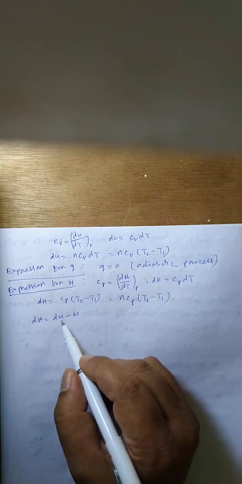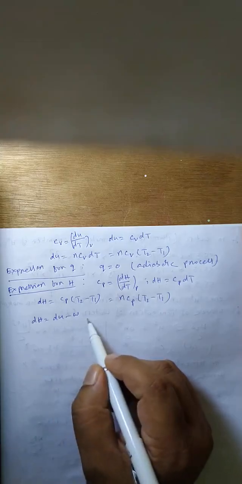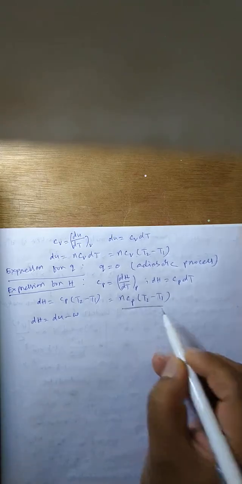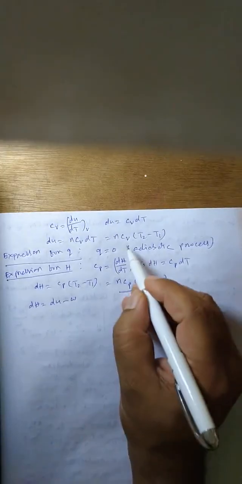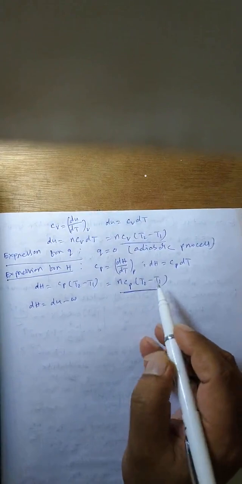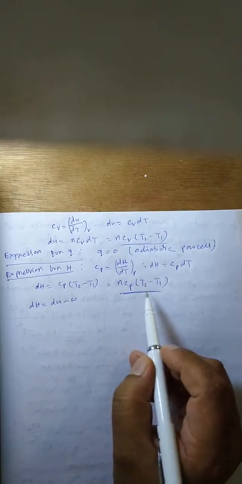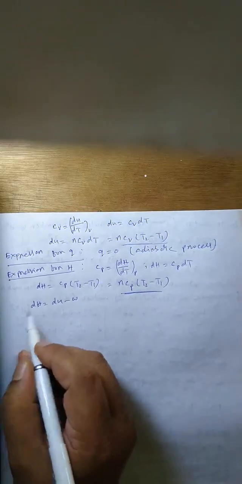In that way also you can get the expression for enthalpy, but it is better to remember this one for du and this one for dH. So for any number of moles you can calculate from this point of view. Okay, this is the reversible process.